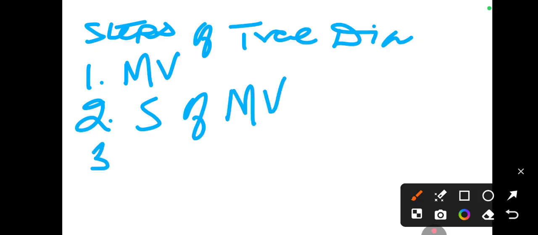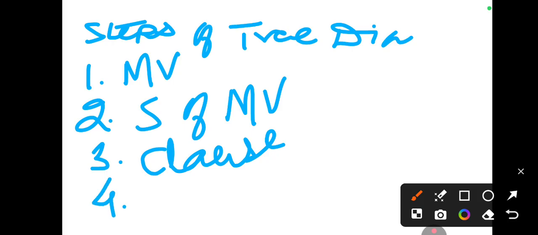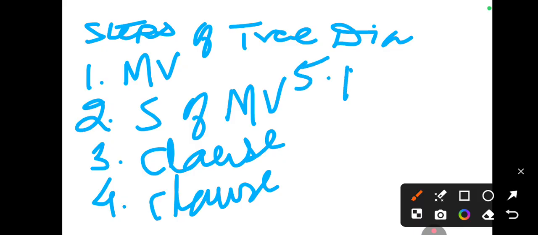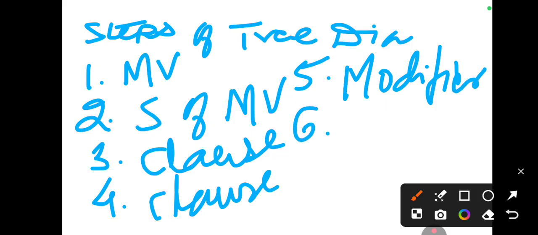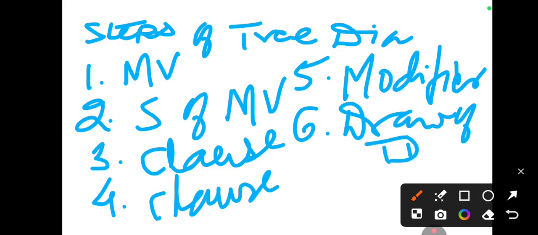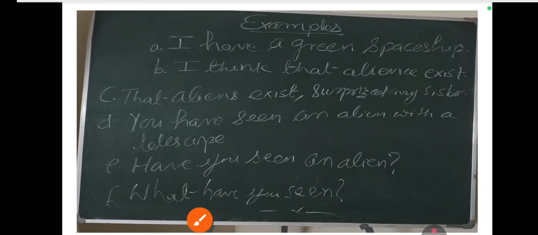Number three, identify the clause, right? Then class or category of clause, right? Then find out the modifier, right? Then we draw the spine of the tree diagram, right? Then seventh is if it's a question, right?